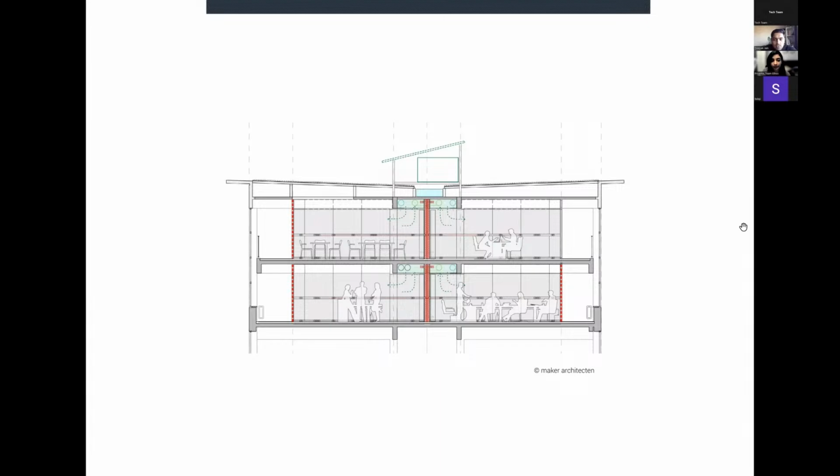This is a section of the two superimposed floors, in which you see the horizontal shaft, where all the technical installations have been set in, which acts as the backbone for the entire office space. In the technical shaft, there are things for ventilation, fire sprinklers, motion detectors, and things like that.